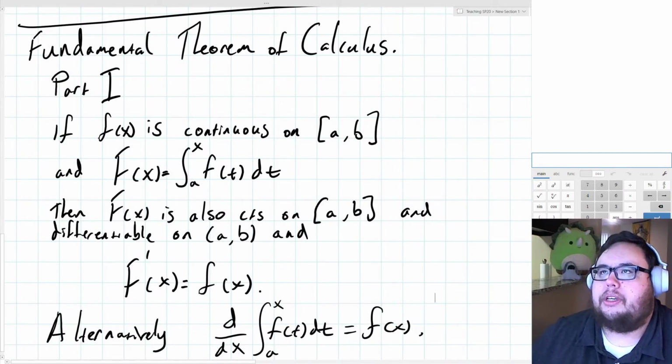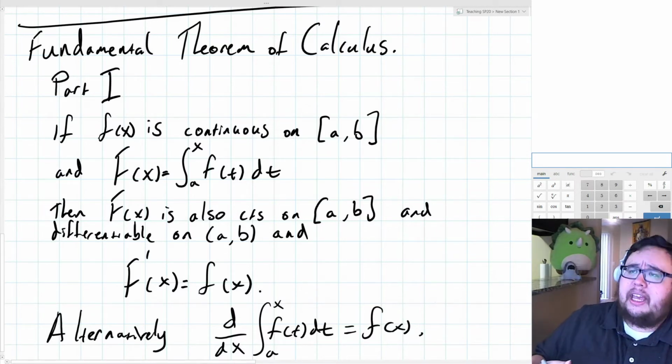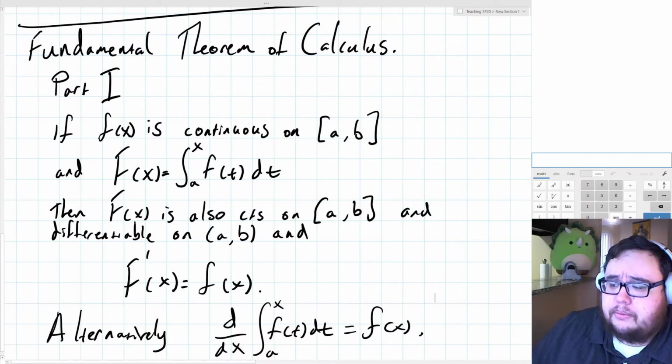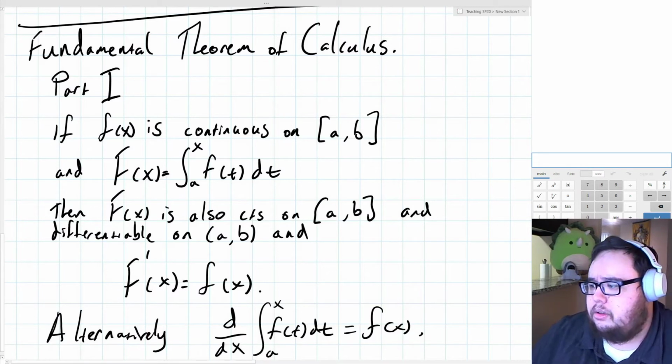They're not perfect inverses to each other, unfortunately. There is some information lost in the transition. If we anti-differentiate or take an integral and then redifferentiate, we don't necessarily get everything back. But this theorem says that somehow derivatives and integrals do undo each other. Okay?